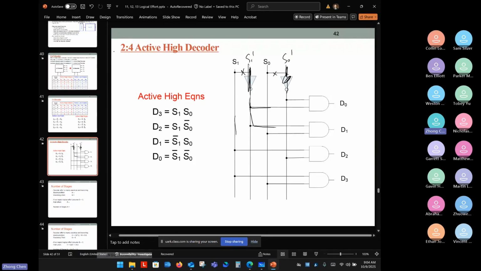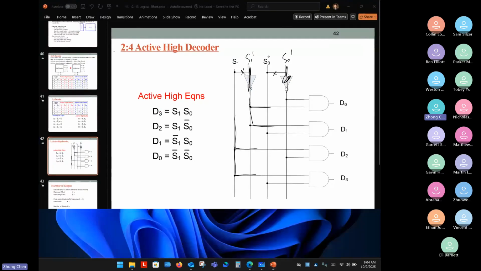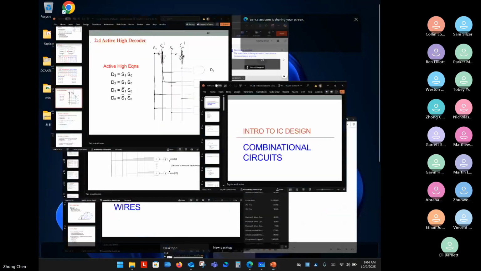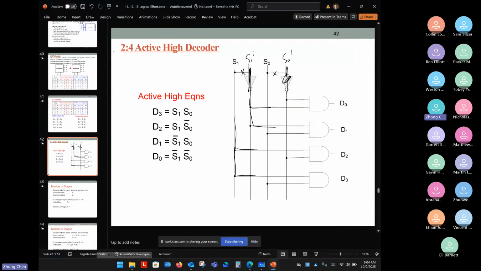So for S1, you have a branch here and a branch here. If you consider S0 to one of the outputs, for example S0 to D0, this path, the branching effort is going to be 2. So for this case, B is equal to 2.